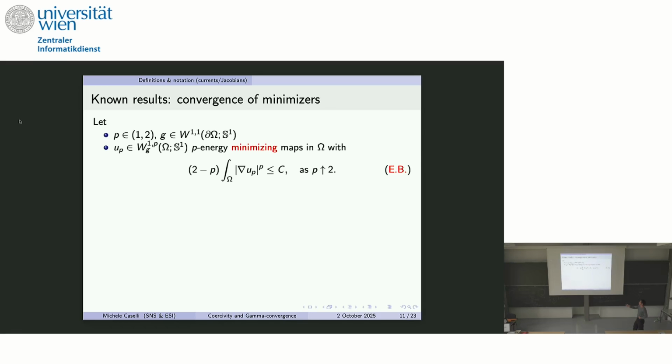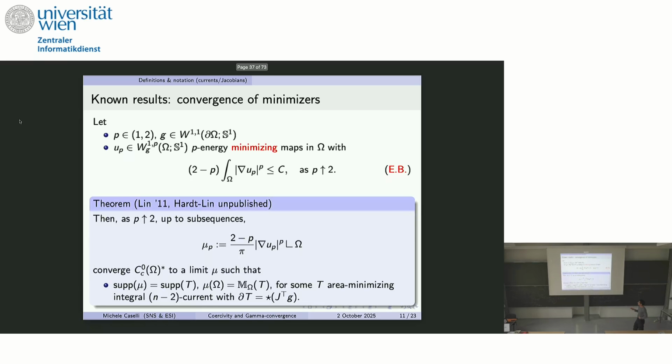So I minimize the energy with prescribed boundary datum g, for which this condition holds. Actually, this condition is implied by being p-energy minimizing, but in general, this is the natural energy condition for sequences to treat, for example, gamma convergence and so on.